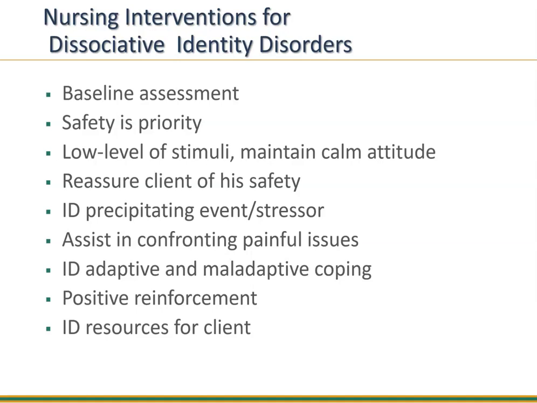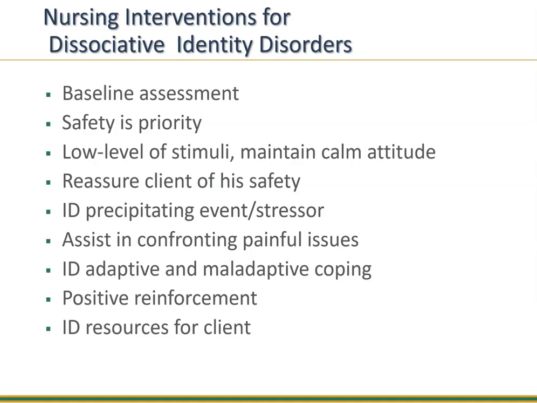Now let's talk about when that patient has a third personal identity. This is found on page 620. You're going to have to try to develop a trusting relationship with the patient and be non-judgmental when you listen to them, especially if there are multiple personalities.